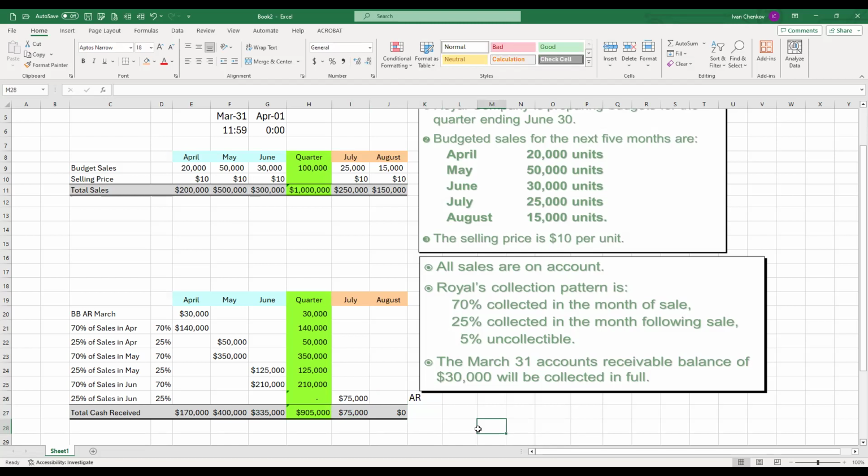So what we can see from here is that sales is not equal to cash. Can you see it? You're selling $1 million, but you're collecting $905,000. And if we have to be correct, from the $1 million that you're selling, you're going to collect only $950,000. Why? Because you have 5% uncollectible.